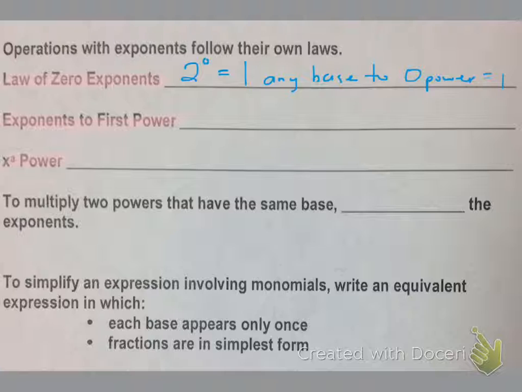If you wanted to do 5,280 to the 0 power, it would still just be 1. If you do y to the 0 power, what is it? 1. There's where a variable will actually turn into a number, because y to the 0 power turns into the number 1.